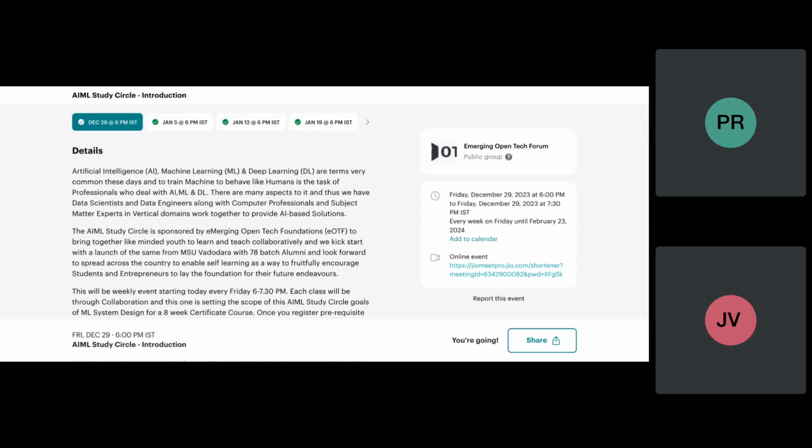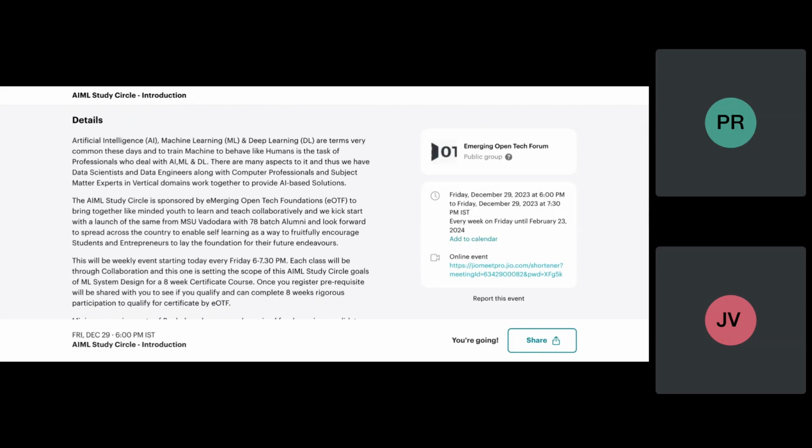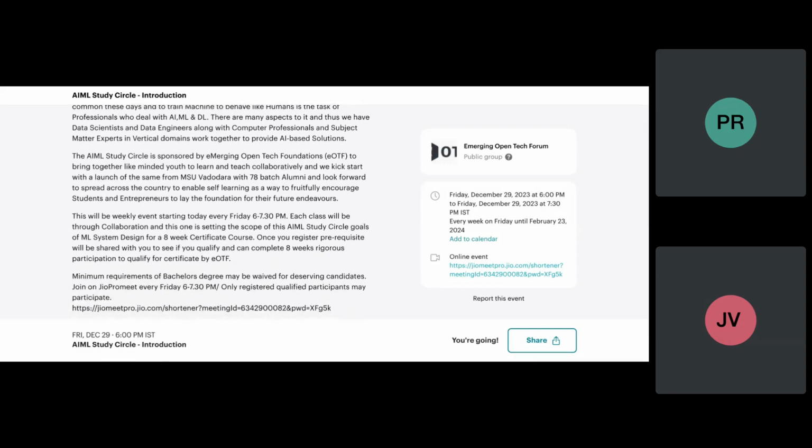The AIML Study Circle is sponsored by Emerging Open Tech Foundation, eOTF, and like-minded youth together lead and teach, learn and teach collaboratively. We kickstart with a launch today at the MSU Vadodara 78 batch alumni meeting we have tomorrow. This is to encourage students and entrepreneurs to lay the foundation for their future endeavors.